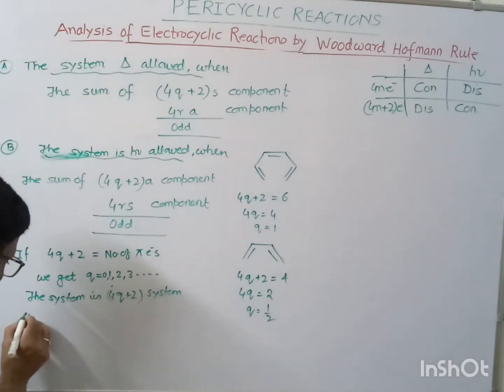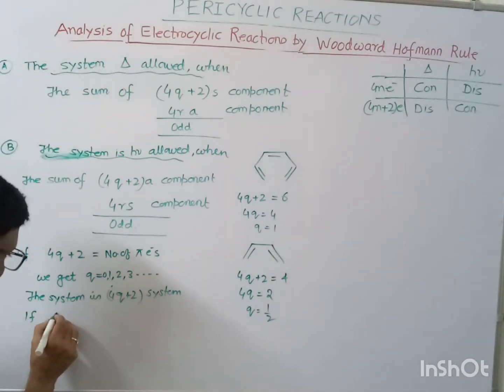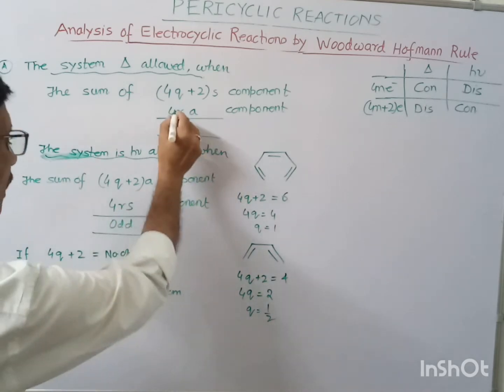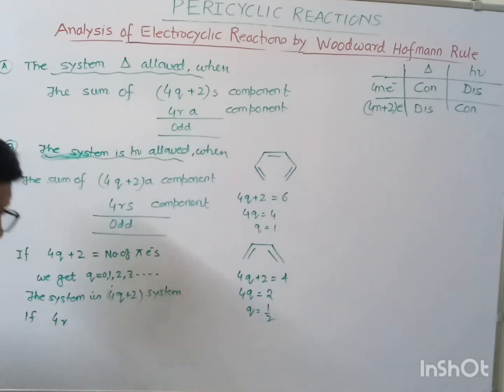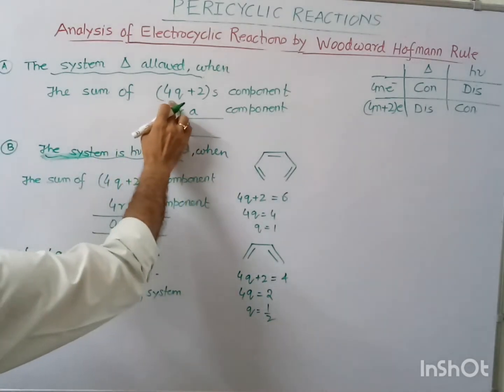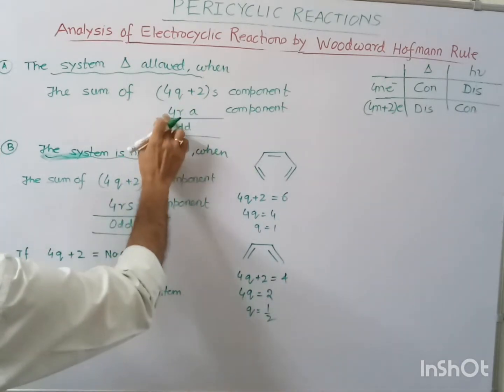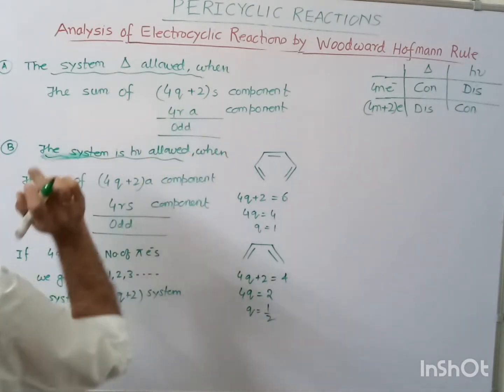Next thing, there are two types, one is 4q plus 2 or 4r.